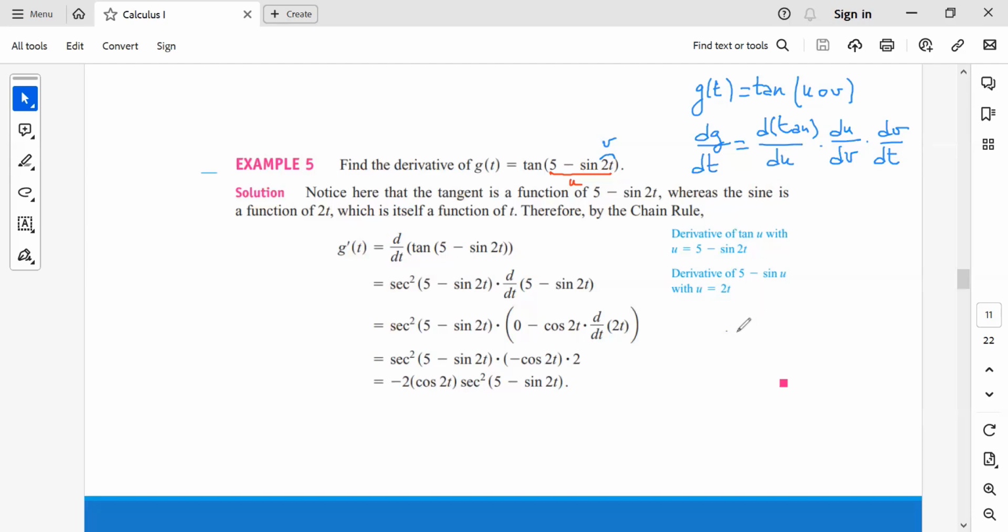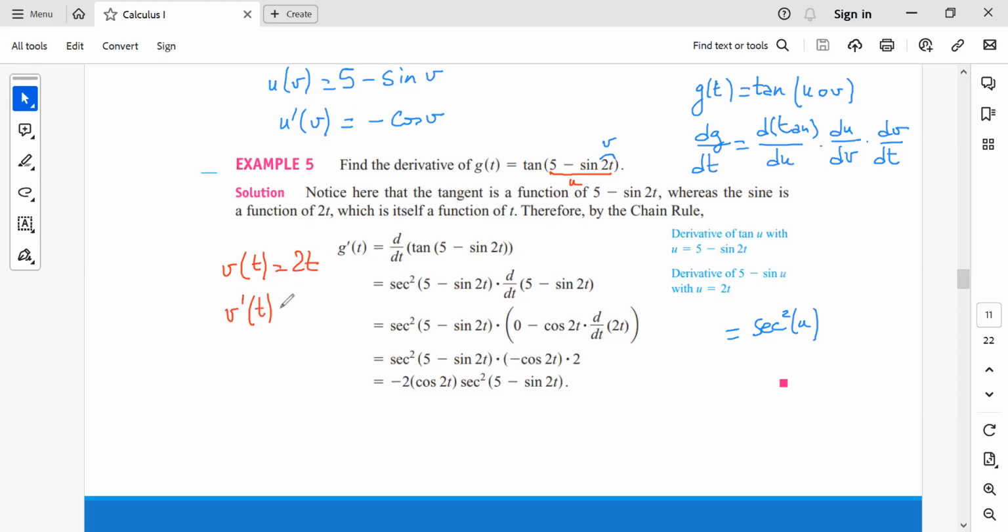The derivative of tan u with respect to u is sec squared u. u of v is 5 minus sine v. So u prime of v, the derivative of the constant being 0, is minus cosine v. And finally, v of t is 2t, so v prime of t is 2.